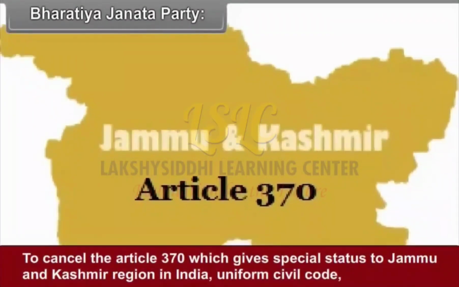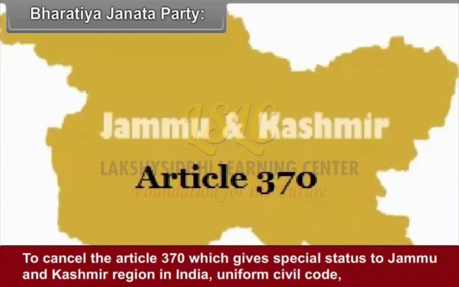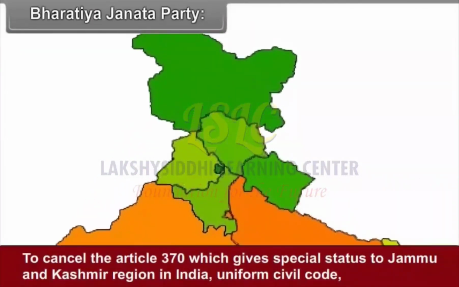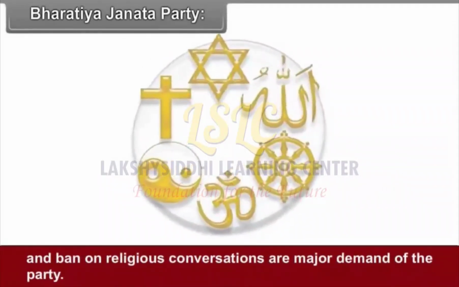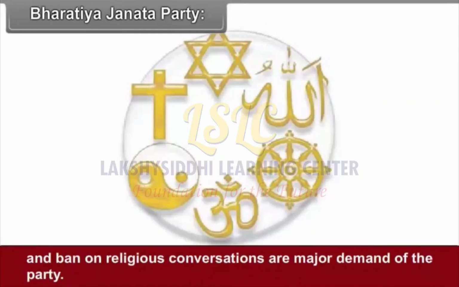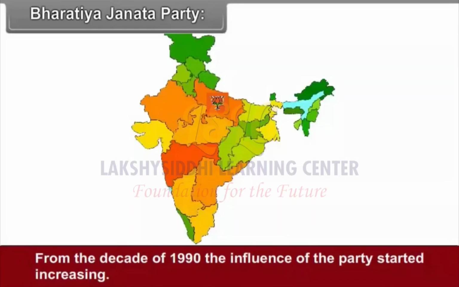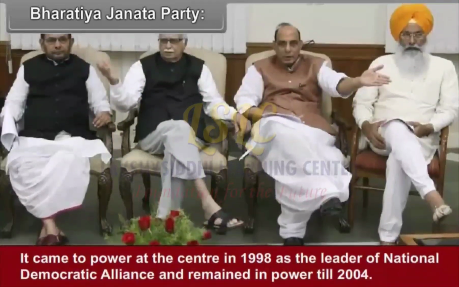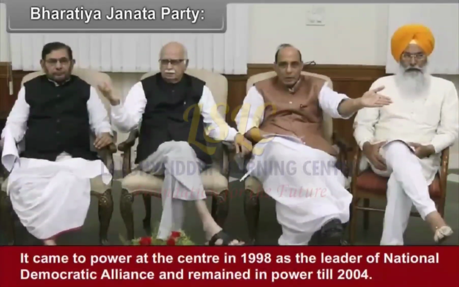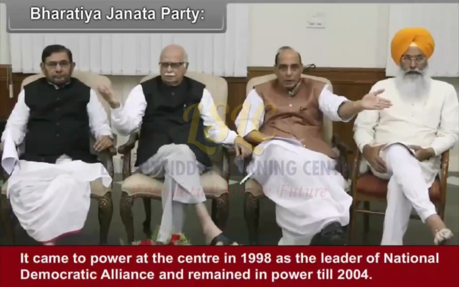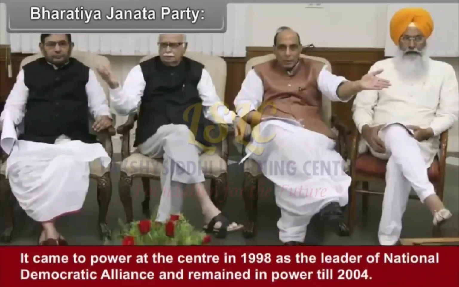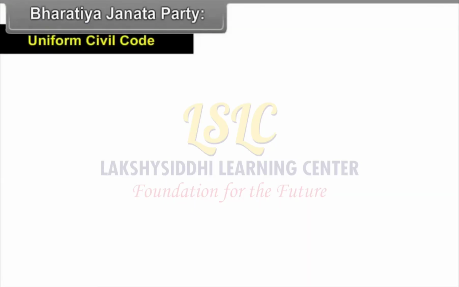To cancel the Article 370, which gives special status to Jammu and Kashmir region in India, Uniform Civil Code and ban on religious conversions are major demands of the party. From the decade of 1990, the influence of the party started increasing. It came to power at the center in 1998 as the leader of National Democratic Alliance and remained in power till 2004.